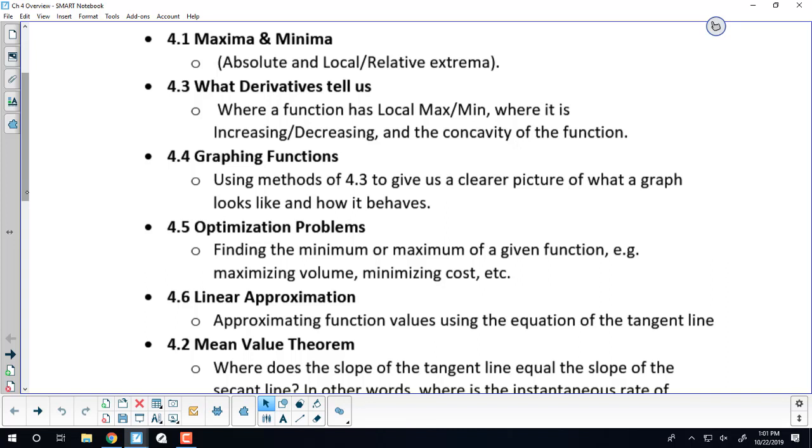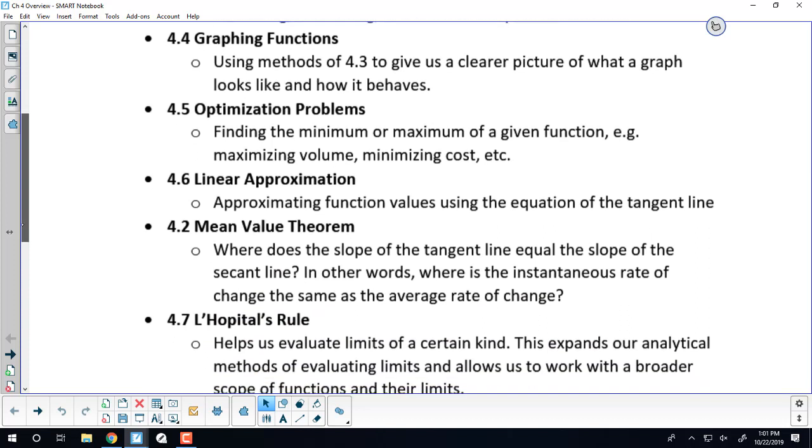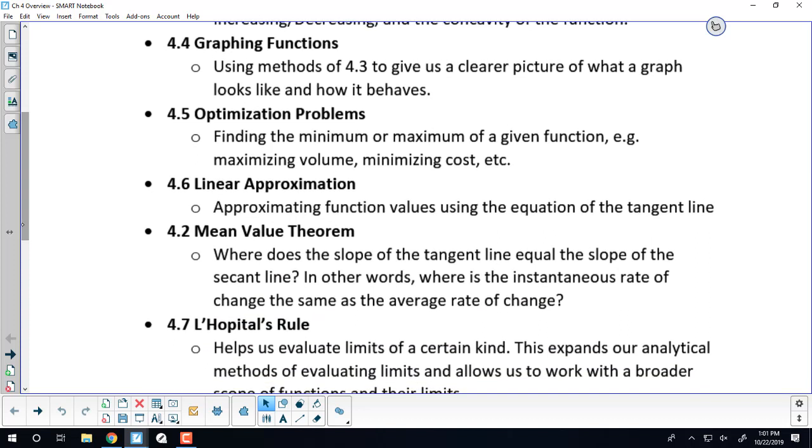So we have various things: maximums and minimums, local maximums, local minimums, intervals of increasing and decreasing. That kind of stuff we'll look at in more detail with derivatives. And then 4.4 itself is just graphing functions using methods from algebra, pre-calc, and 4.1 and 4.3.